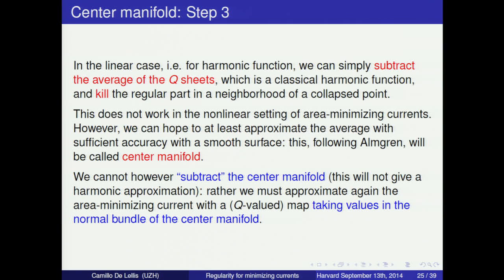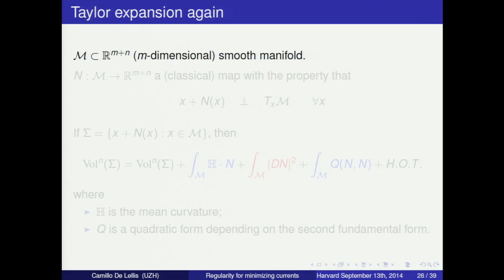It's going to minimize an ugly functional, which is maybe quadratic, but which will depend on the thing that you have subtracted. So if you want to make an accurate Taylor expansion of your current, you actually should do the following. You should reapproximate your current on the normal bundle of your center manifold.